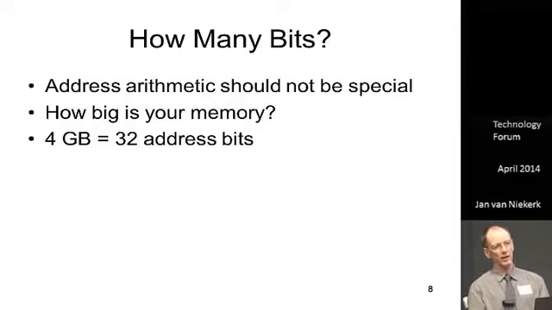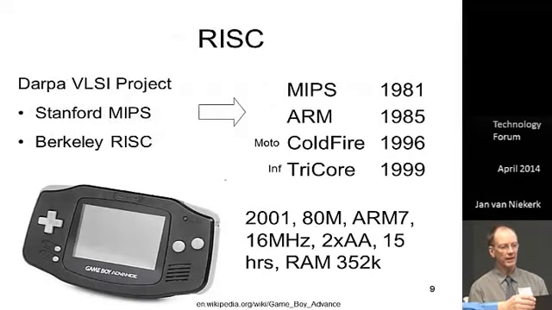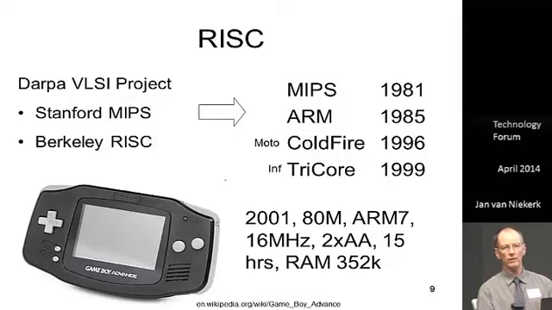Now, the other question is CISC or RISC, complex instruction set computers or reduced instruction set computers. In the late 1980s, DARPA launched a project to say we want to get some academic research done to find out how can we make better controllers.